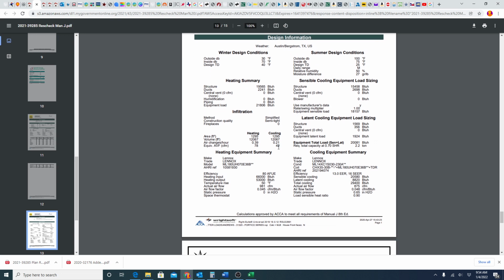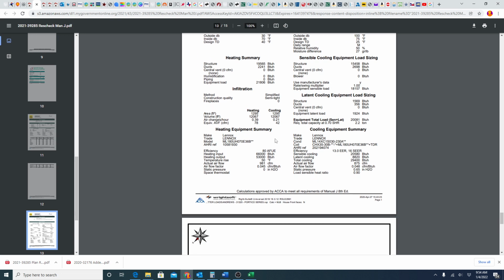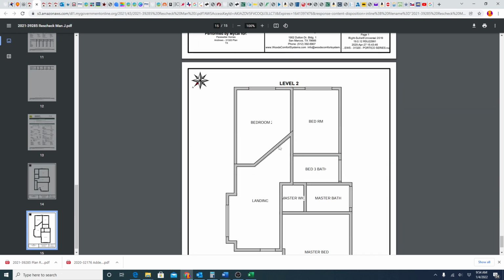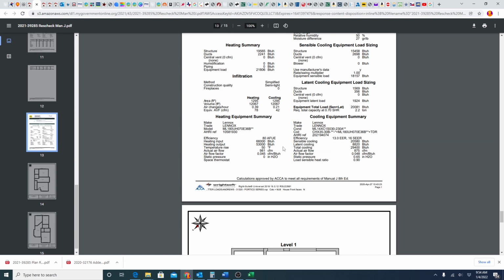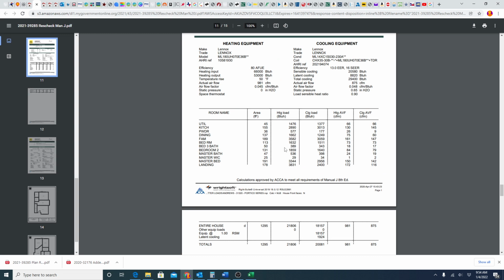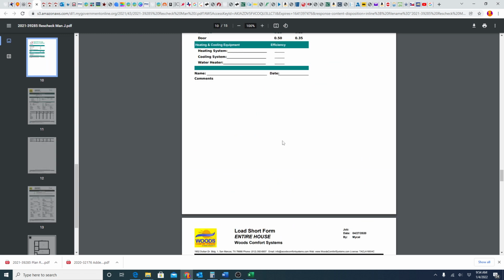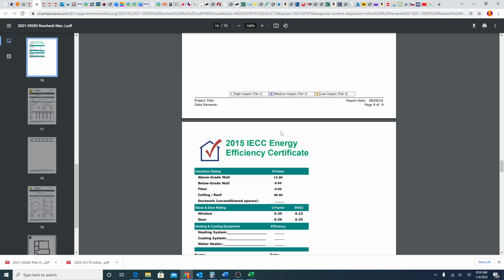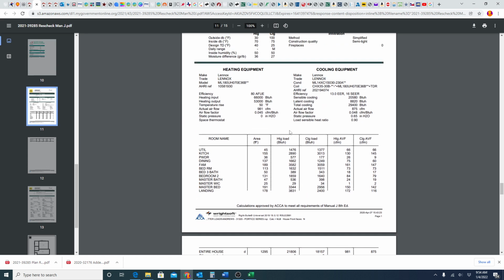Most of this other information, like latent cooling and sensible heat, you're not going to really be concerned with verifying all that information. There is a certain expectation of, I guess, preparation and expertise from your HVAC contractor.